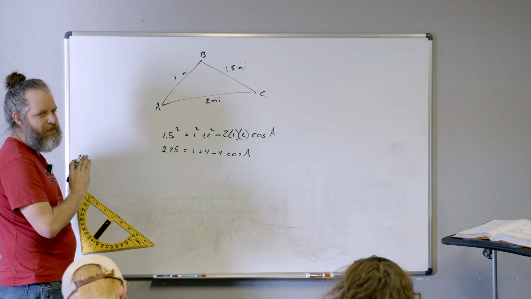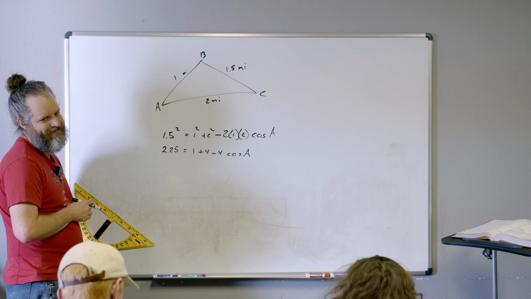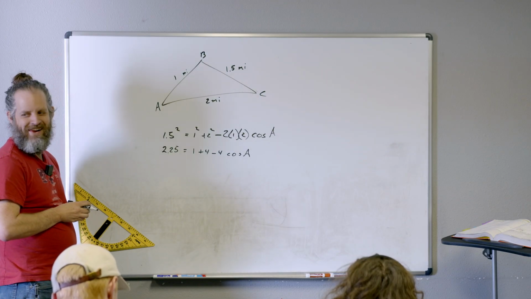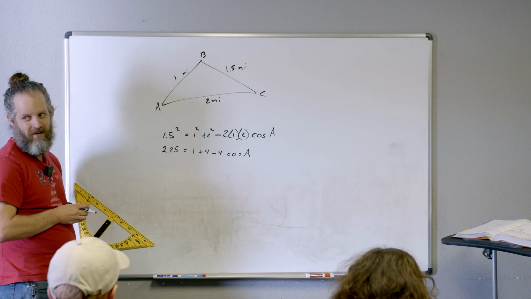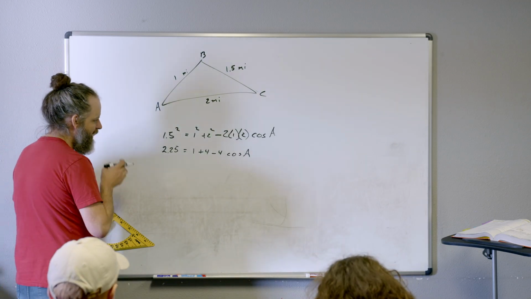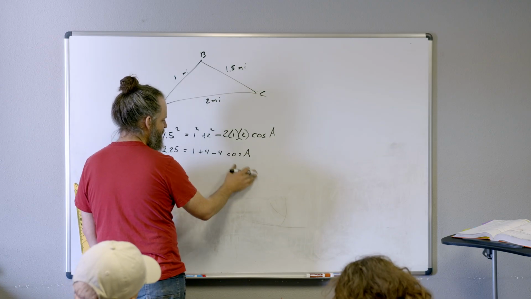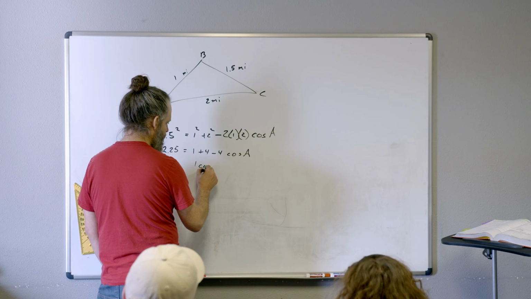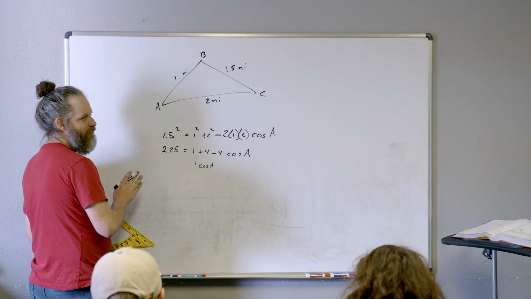Now, what would be the mistake that would be easy to make right now? Algebra. The 4 and the 4 disappear? Yeah. An easy mistake would be to turn this side into 1 cosine of A and do 1 plus 4 minus 4 equals 1.